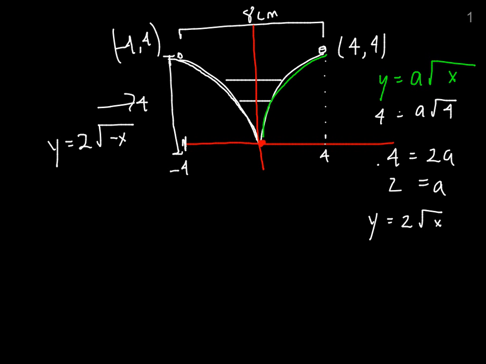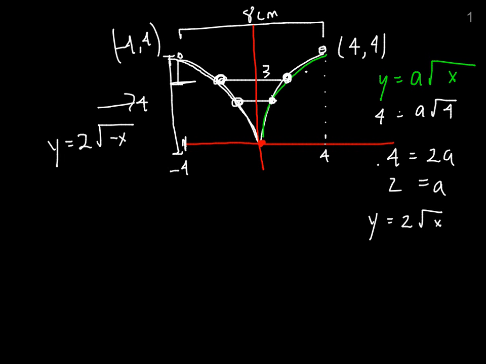Now all you have to do is find out what this point over here is, what this point over here is, and calculate the distance between them. Same thing for the smaller line down there. What are these two points and what's the distance between them? The way you do this is simply by, well, you know that the height at the top is 4, so 1 centimeter lower means that this must be 3.